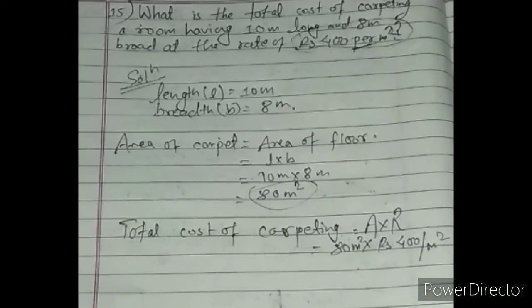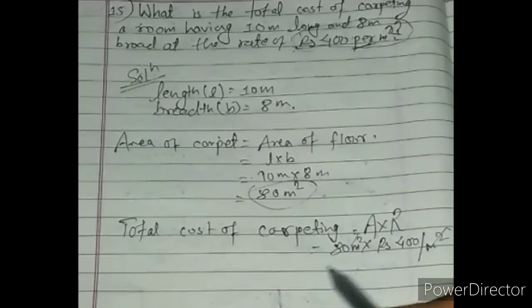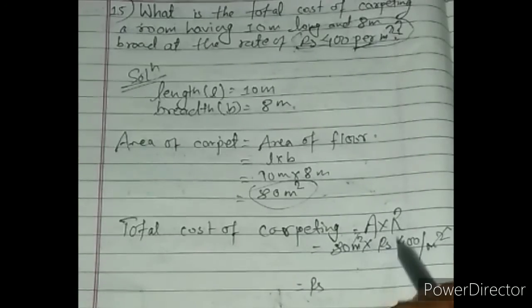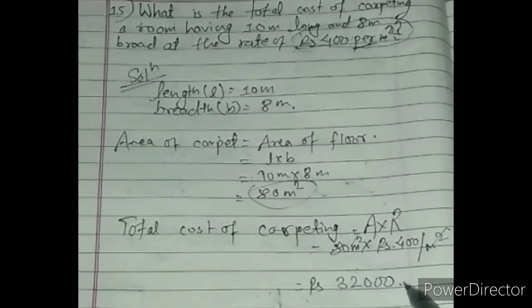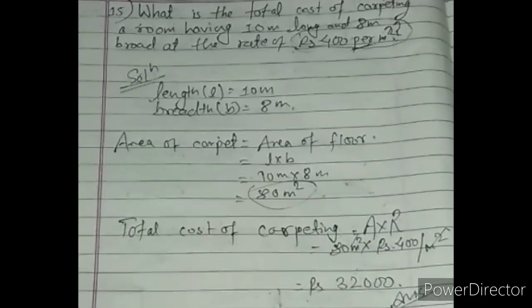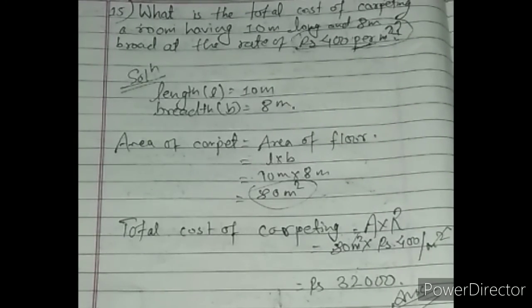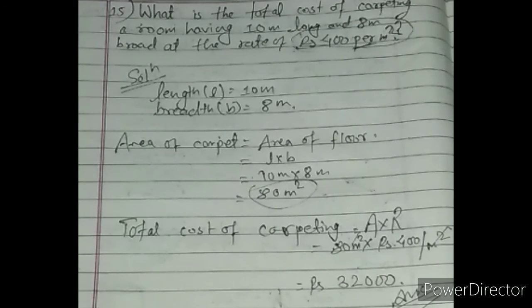So meter square cancels. 8 fours are 32, so 32,000 is the total cost of carpeting that room, whose length is 10 meter and breadth is 8 meter.